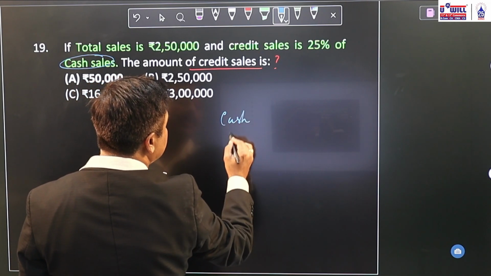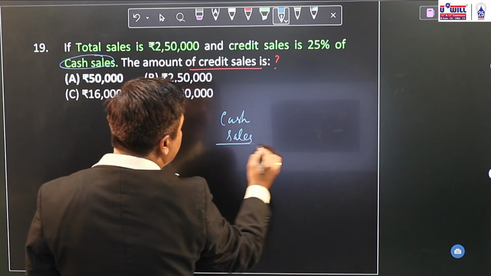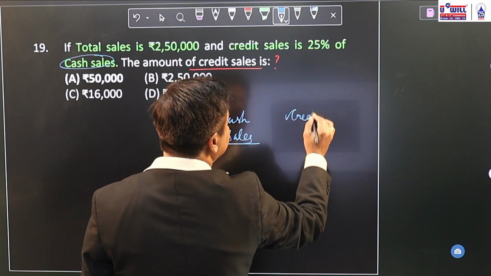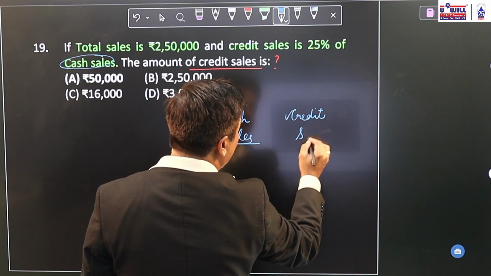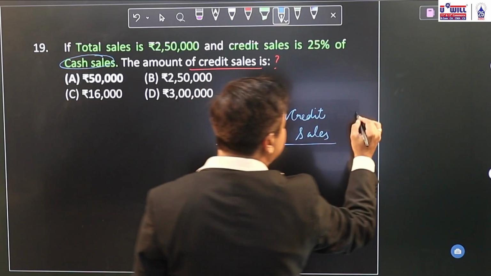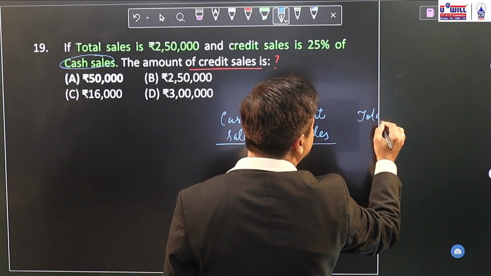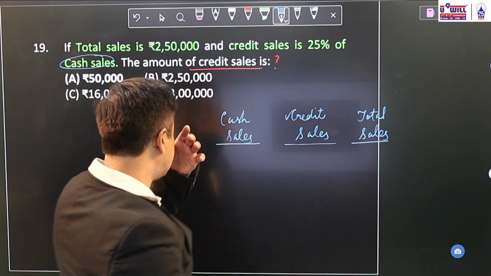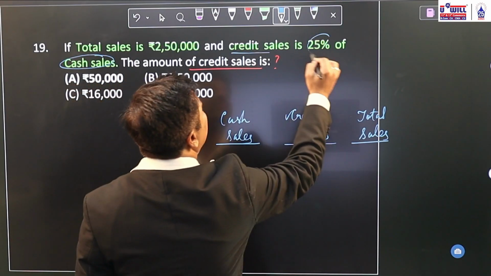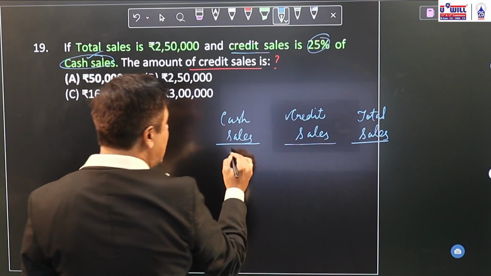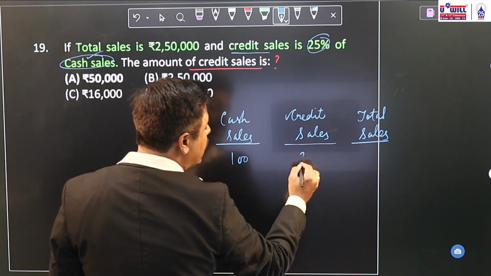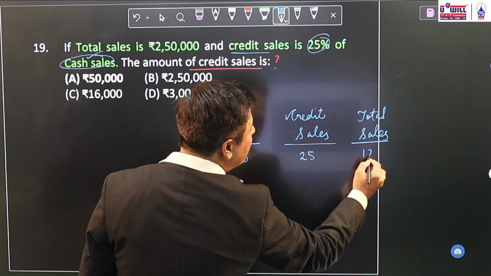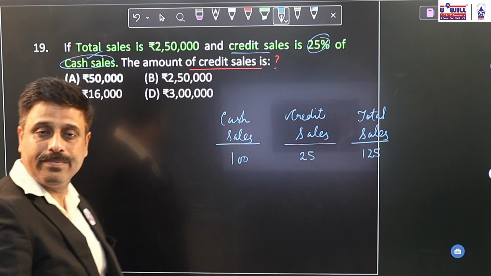Cash sales, credit sales, total sales. Okay. Now let's compare it. They say credit sales is 25% of cash. So take cash sales as 100. Credit sales 25. 100 plus 25, total sales 125.